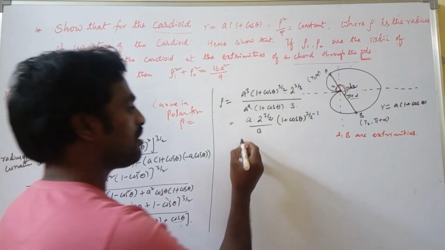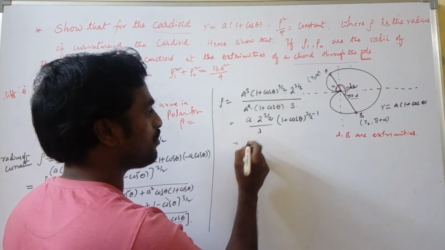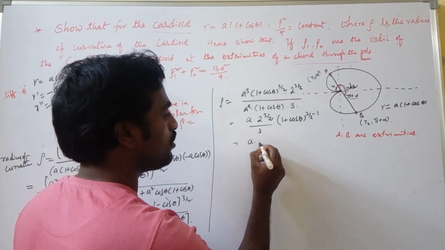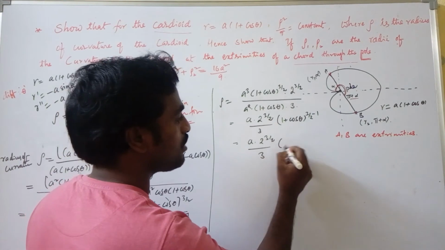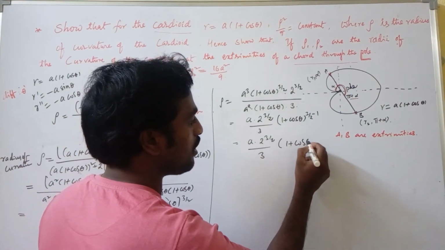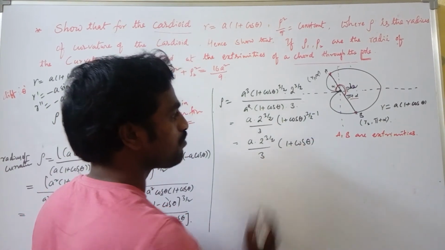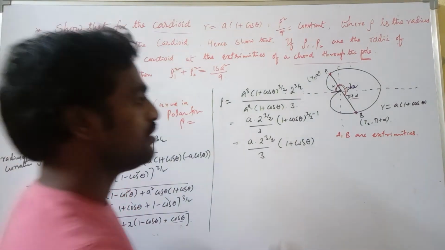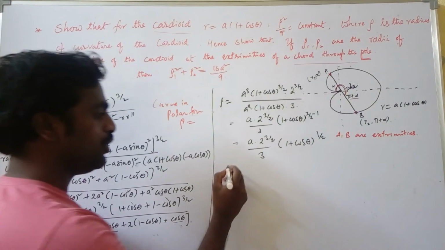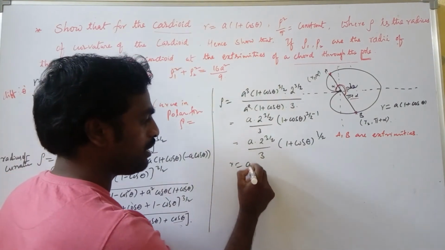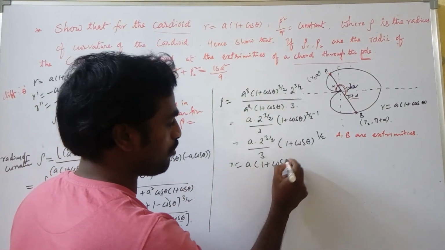Okay, so after simplification, what do you get? A into 2 power 3 by 2 by 3. Next is 1 plus cos theta whole power, what did you get? Whole power 1 by 2. Okay, whole power 1 by 2. You know, r equal to a into 1 plus cos theta is the term.